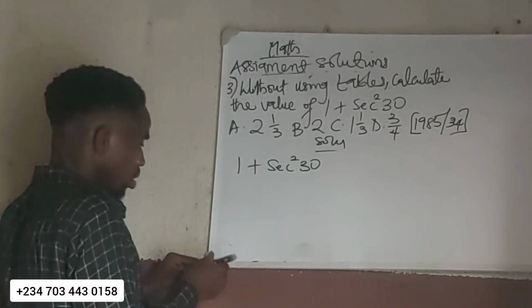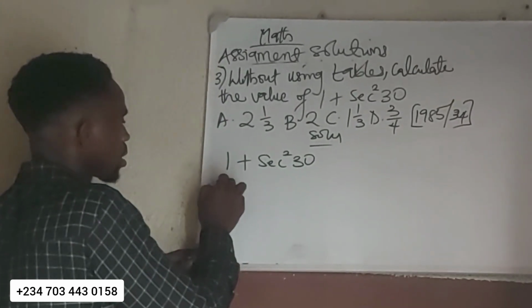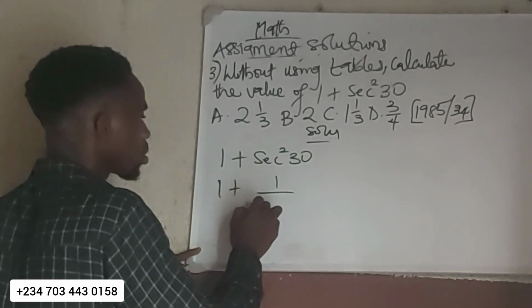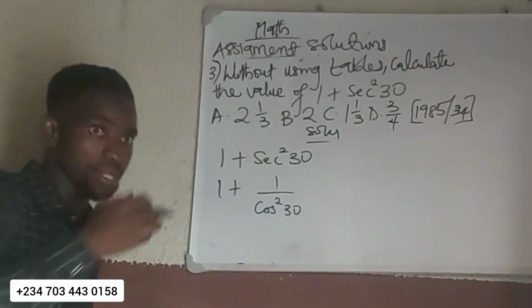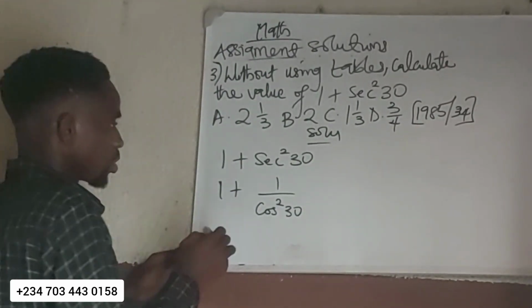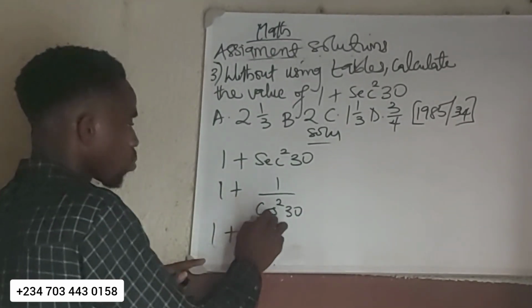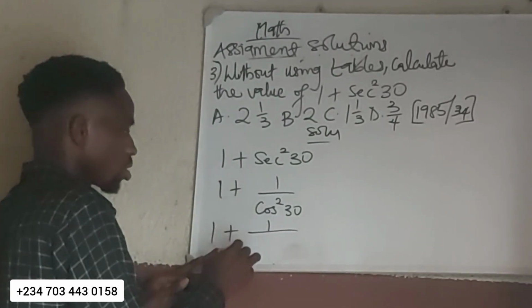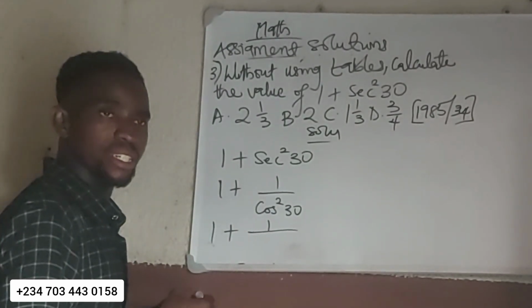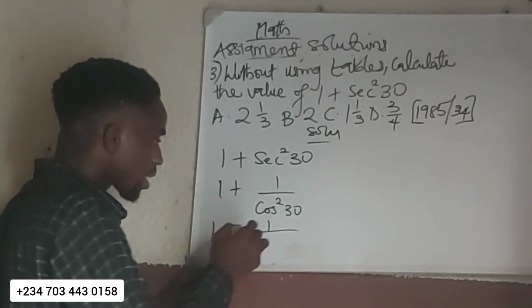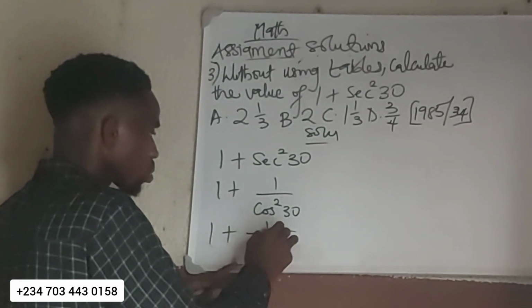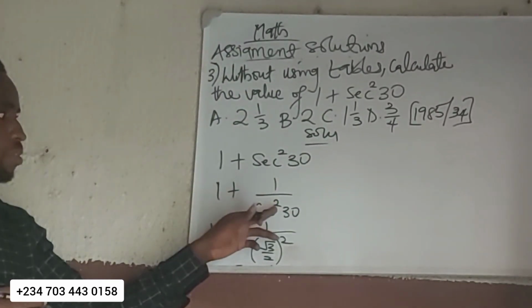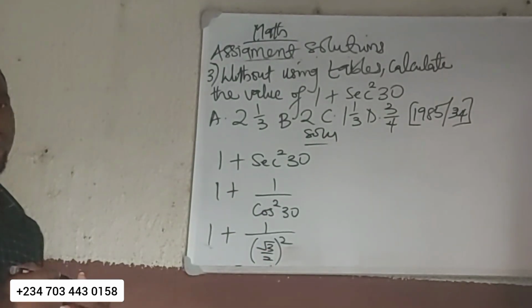So this is 1 plus 1 upon cos squared 30, right? And then this is 1 plus 1 upon cos 30, which is root 3 upon 2 squared, right? Because of the cos squared. So we square this, right?